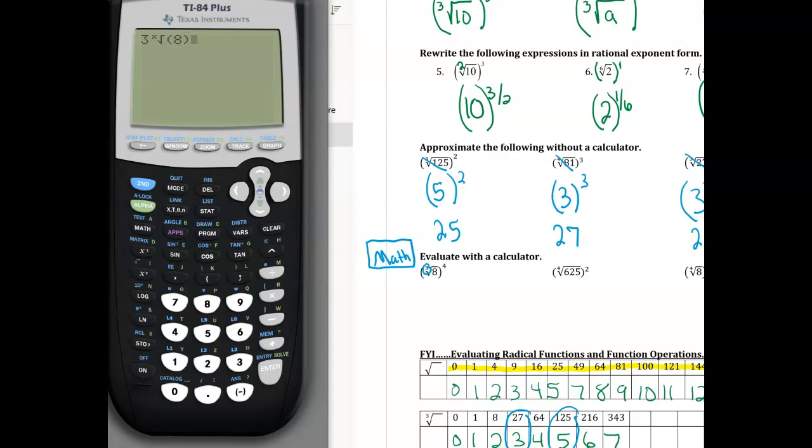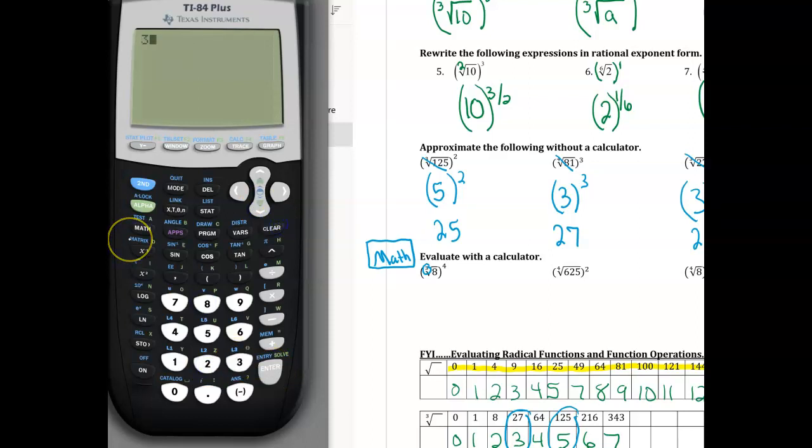And then I'm going to take that to the 4th power. So actually I'm going to back up. This is not even the best way to do this. So first I'm going to start, no, we can do it this way. So I'll do 3 math, choose the 5th option. I'll take the cubed root of 8, get that number first. Whoops, what did I do here? I didn't hit the 3 first.